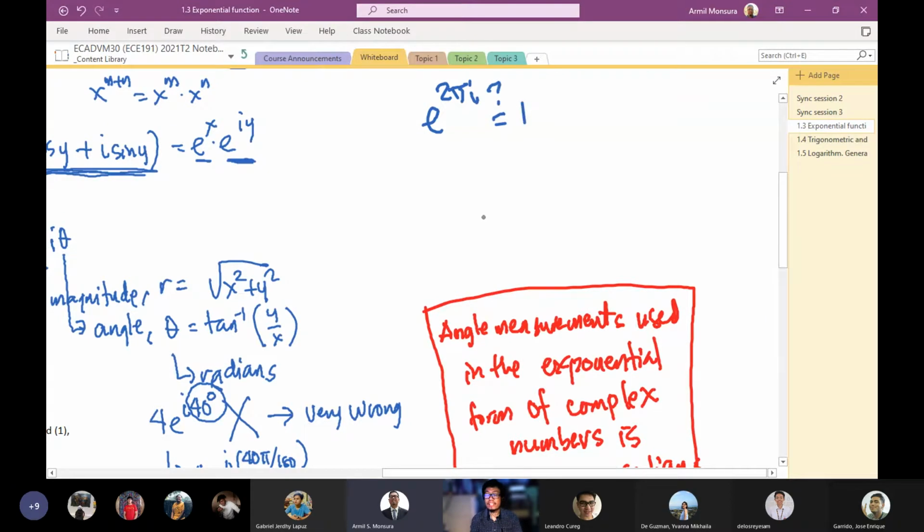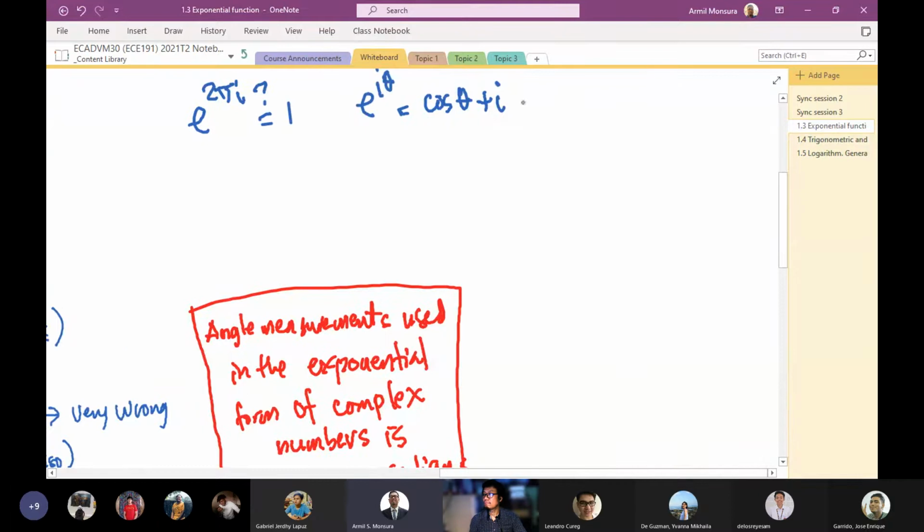So paano nangyari yan? We take note that e raised to i theta equals cosine of theta plus i sine of theta. Ito yung tinatawag nating Euler's formula.